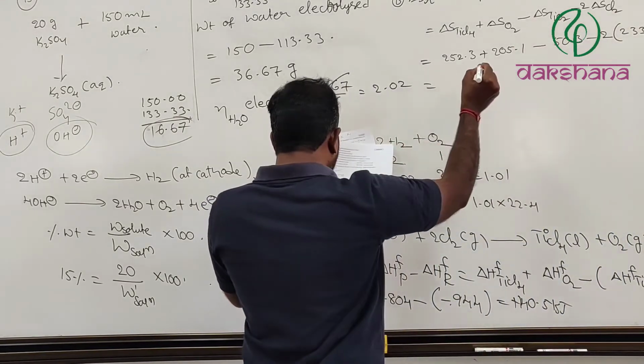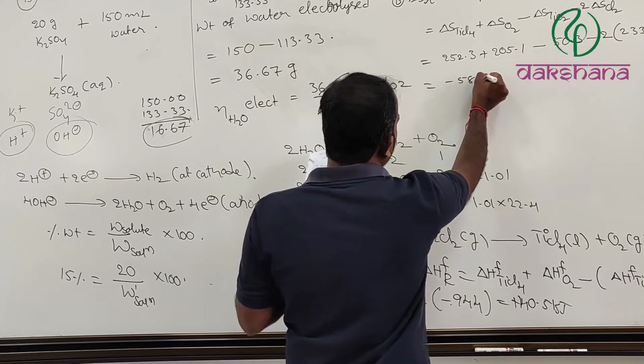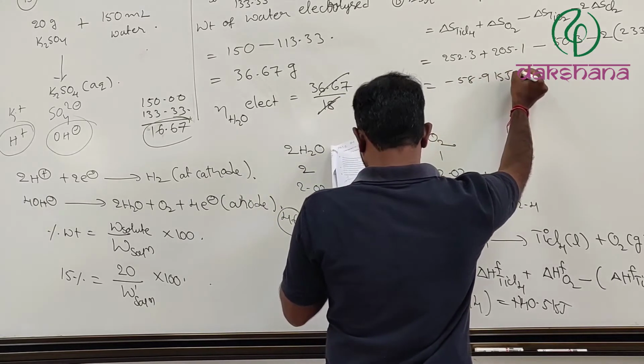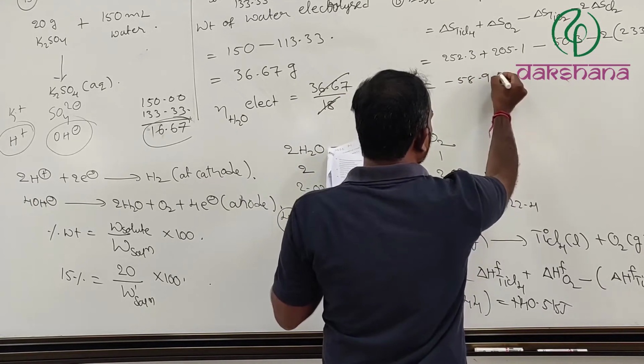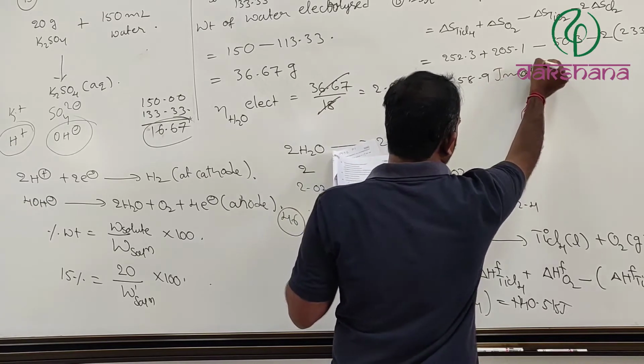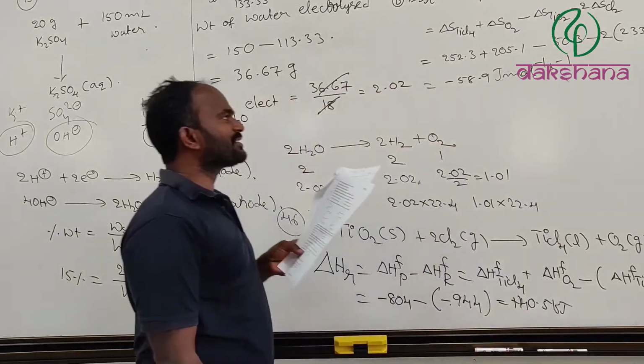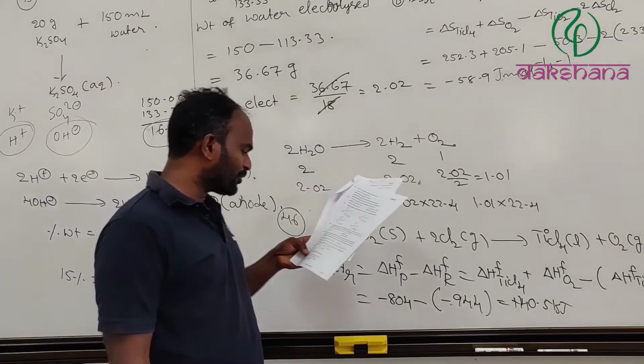So this whole value will come out as minus 58.9 joule mole inverse Kelvin inverse. This value is negative, therefore option B is wrong.